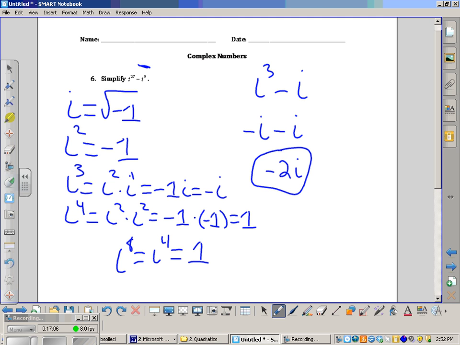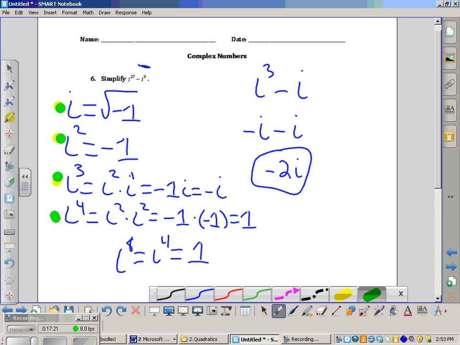So i to the ninth is one place away from i to the eighth. If you wanted to count, watch guys, I don't know if I can make this clear on the iPad: 1, 2, 3, 4, 5, 6, 7, 8. 9 would be right here at i. That's why this was a minus i.